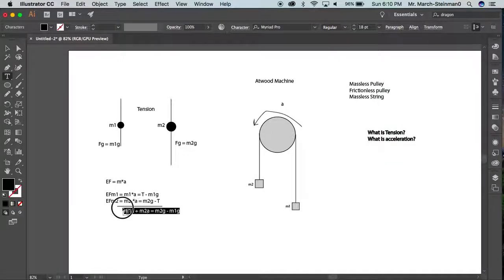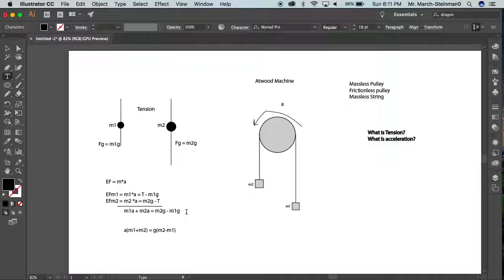So this equation is combining these two other equations in my system, and we're going to isolate A to solve. So if I isolate A, I get A times m1 plus m2 is equal to G times m2 minus m1.